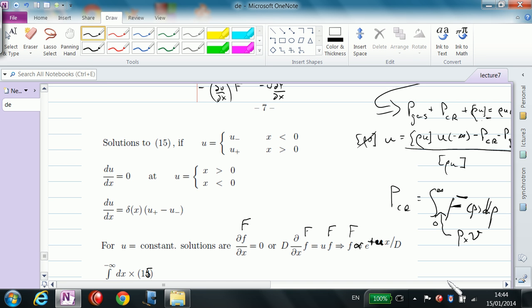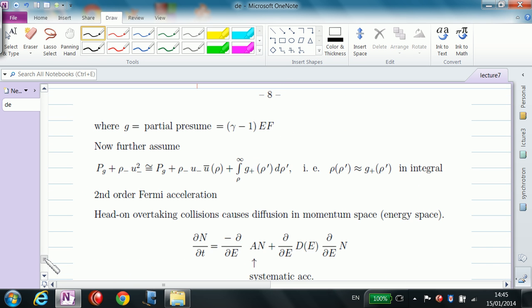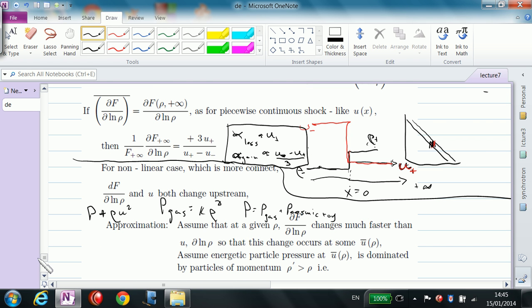So you have enough equations. It's just that they're highly nonlinear and multidimensional and integral. Everything. Piece of cake. But if you use the right approximation, you can actually get an analytic solution.